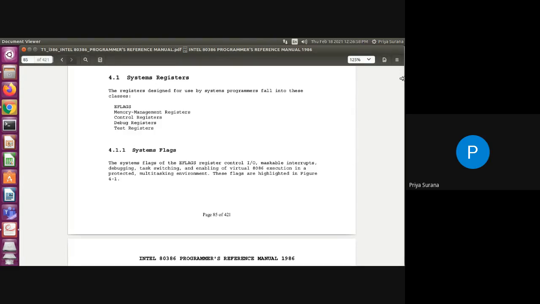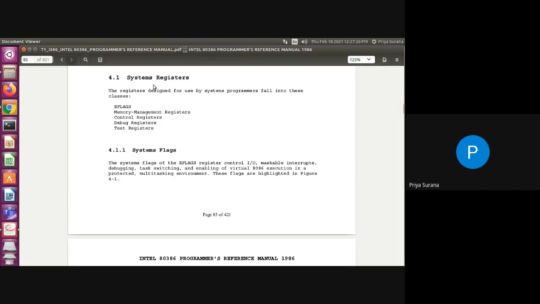Our topic for discussion in this session is related to system register and system instructions. Actually, we discussed system register in the programmer's model when we discussed all register or all register set of 80386. I will revise those, and our main point of discussion will be system instructions.